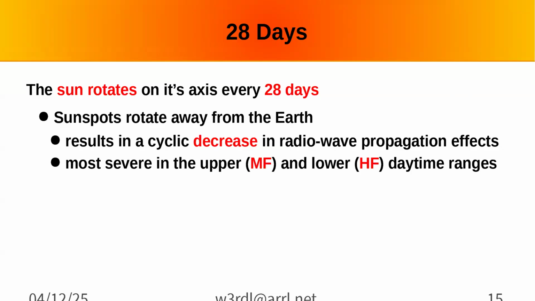So they vary over this 28-day cycle because obviously half the time you're not going to see those sunspots because they're on the other side. That's why you get this cyclic effect from the sunspots, and it affects the lower frequencies, medium frequency and low HF bands.